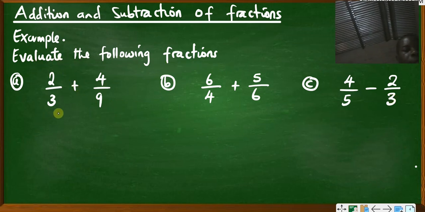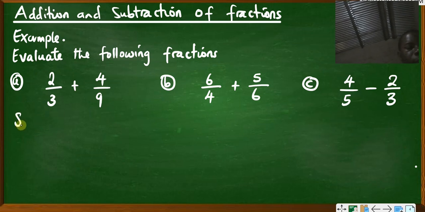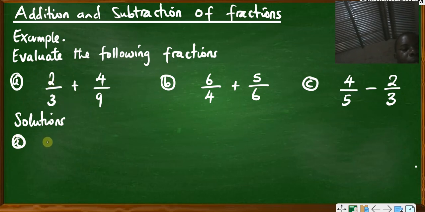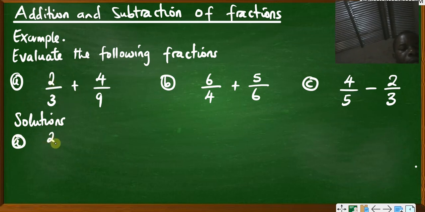So you have seen, I'll say solutions. So I'm starting with A here. So we are dealing with this one. So you can copy it as it is, 2/3 plus 4/9.